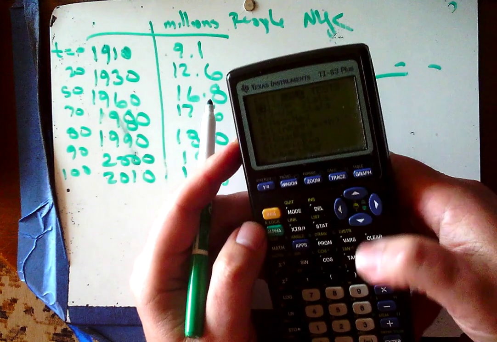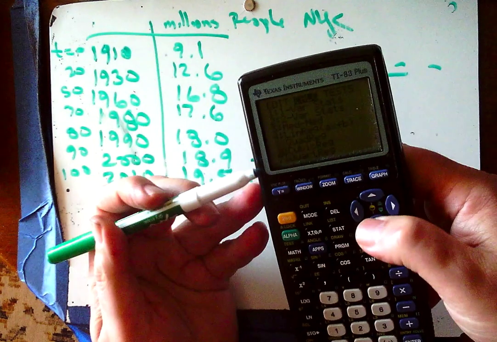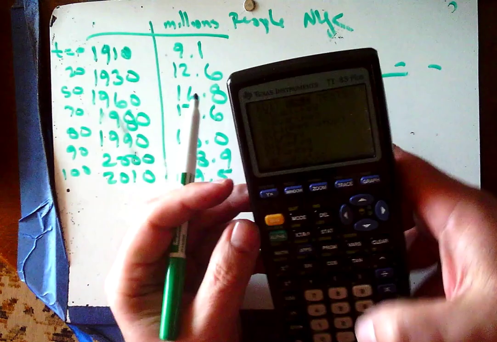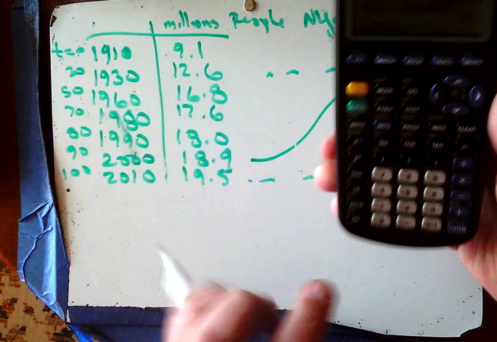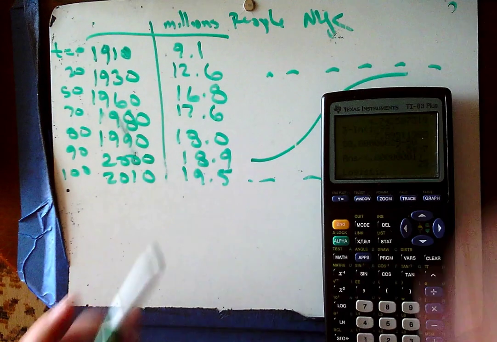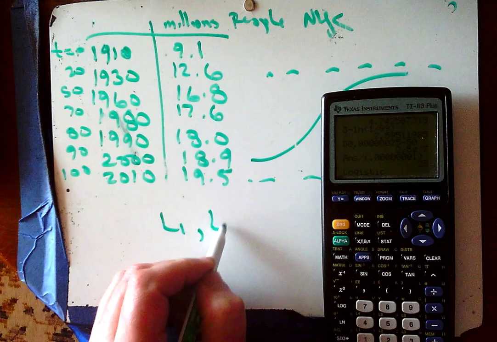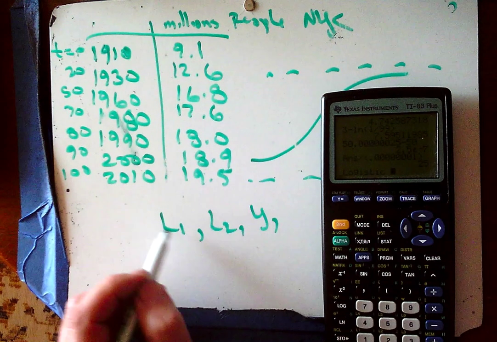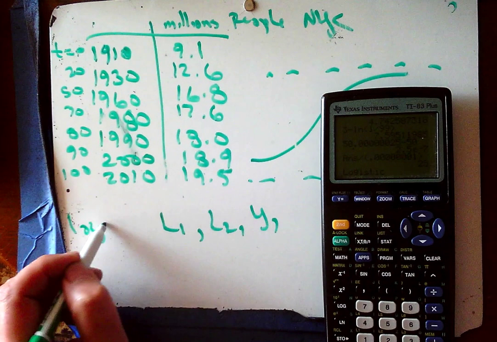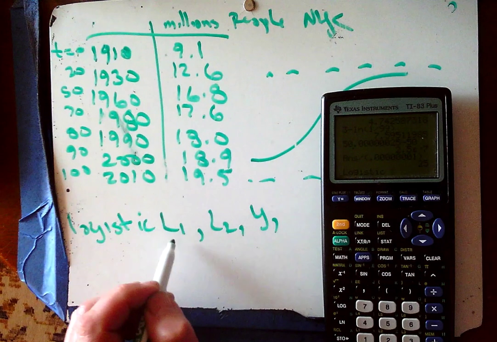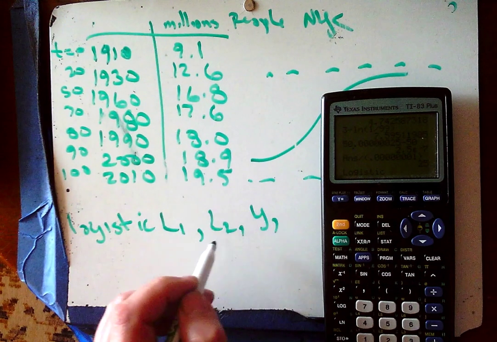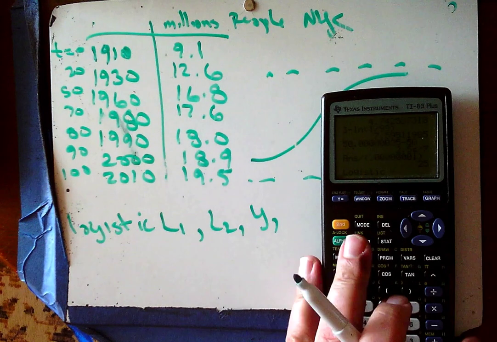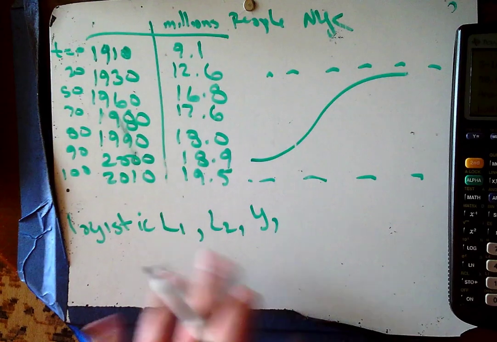I do stat calculate, and I scroll down until I see logistic. There it is. And again, old school calculator, I'm going to have to type in L1, L2, Y1, telling the logistic regression that it wants to use this for inputs, this for outputs, and it will store the answer here. And with the new model, you want to do that same sort of thing.